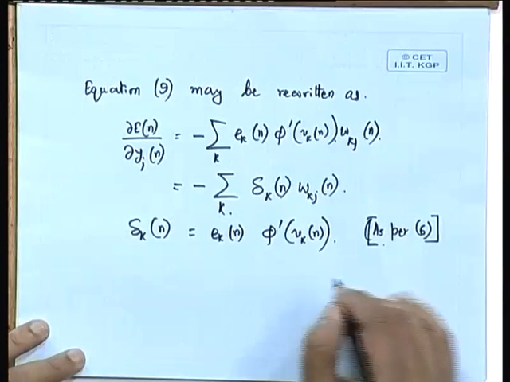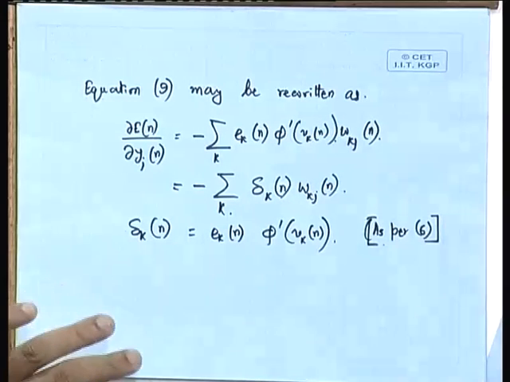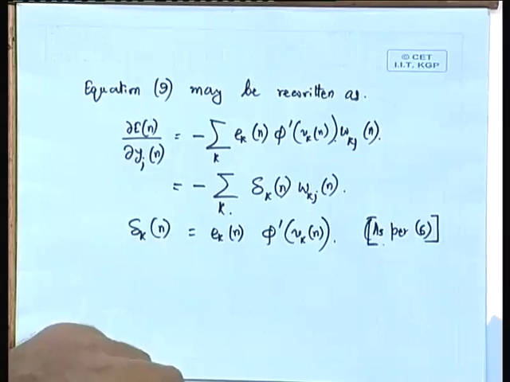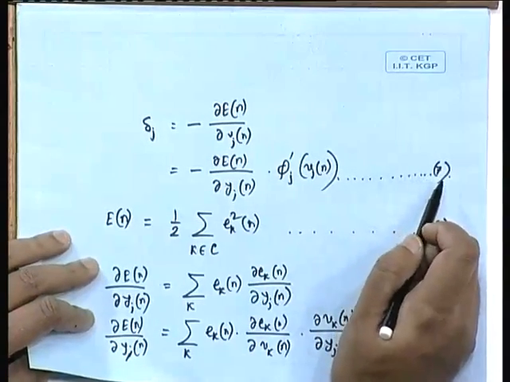Okay. So now we go back to the expression involving delta J. We now want to compute delta J. So delta J is, yeah, equation number 7. So we have to go back to equation number 7.